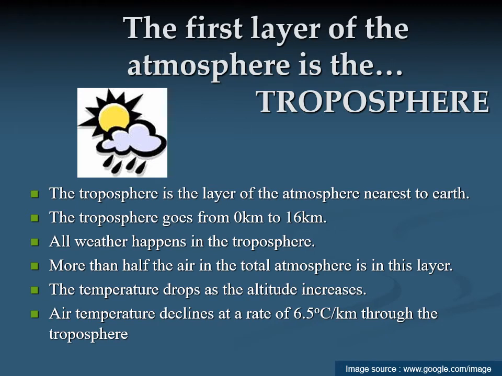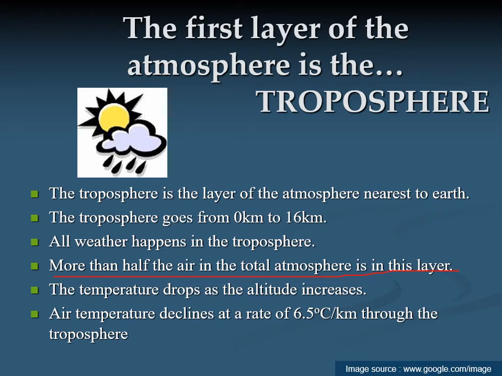More than half of the air of the total atmosphere is in this layer. Within the homosphere, up to 80 to 100 kilometers from the surface, about 100% of atmospheric gases occur, and within the first 16 to 18 kilometers, the troposphere, about half of the air mass occurs.